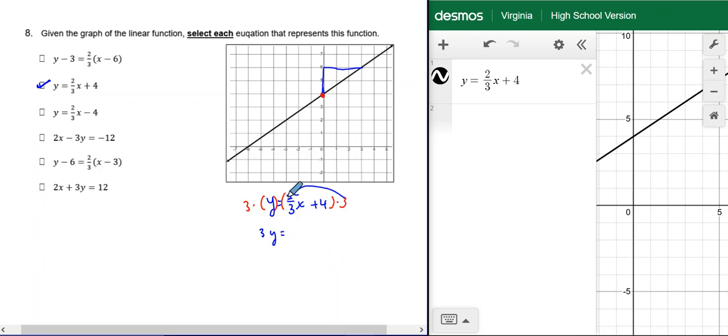So 3 and 3 cancel out, so you just have 2x, just the numerator part there. And then 4 times 3 is 12. And then I can go ahead and take the x term over. So I'm converting this into standard form: -2x plus 3y equals 12.